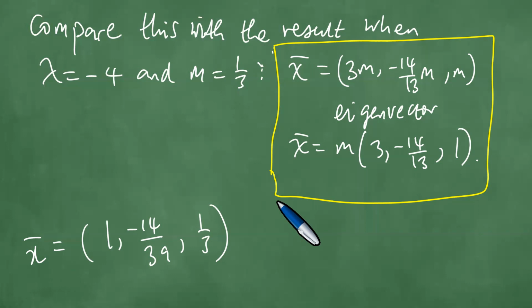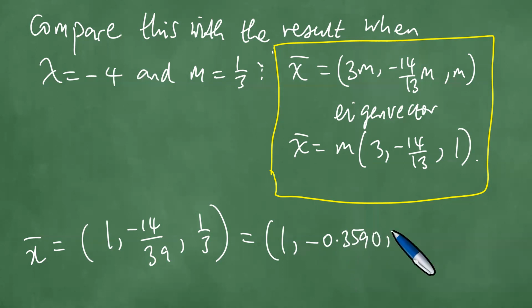Right, you observe that. Which is 1, minus 0.3590, 0.3333, like this.